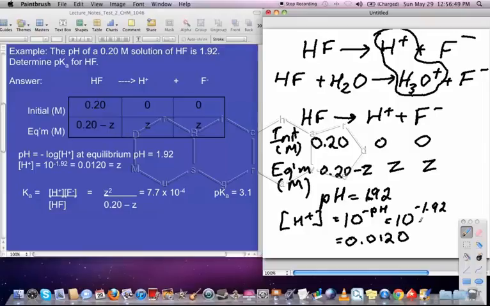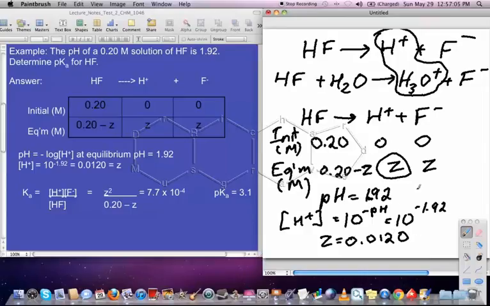Now since this is indeed the equilibrium concentration of H plus, you can see that Z, which is the equilibrium concentration of H plus, will give you 0.0120.